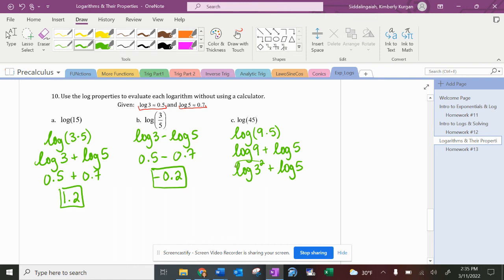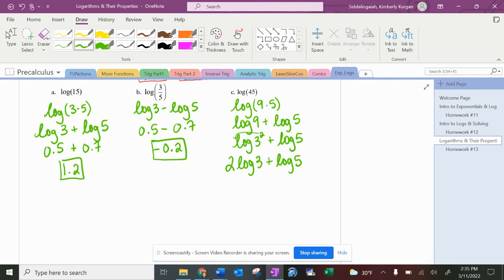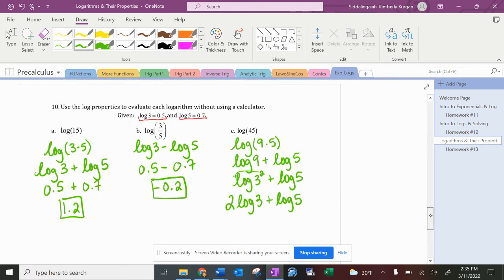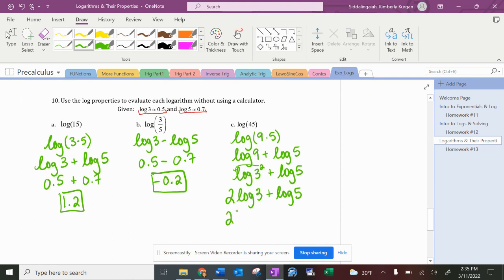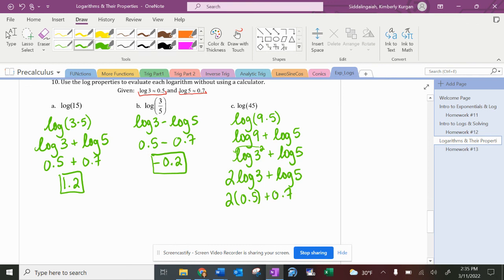And then that log property says bring that 2 down in front. Now, if I didn't have those decimal approximations, I'd be done at this point with this problem, but we can substitute in that 0.5 and that 0.7. So we end up getting 1 plus 0.7, which of course is 1.7.